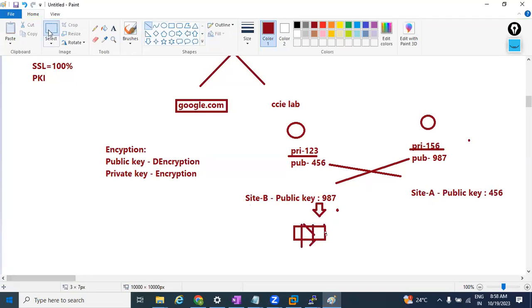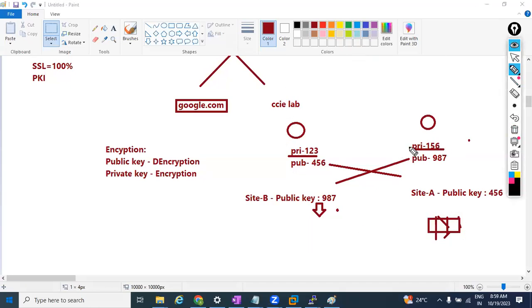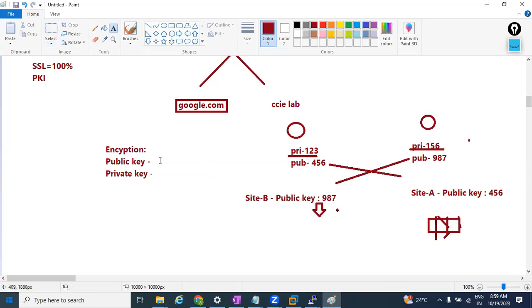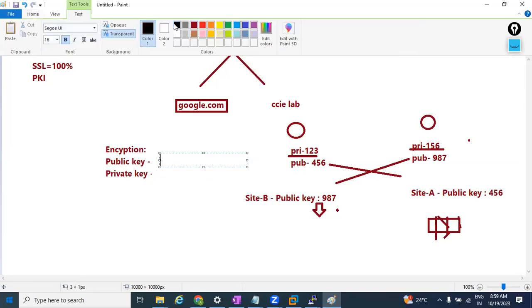The encrypted data would be shared with site B, and it would now decrypt with the help of its private key. So decryption was happening with the private key. This is a decryption here, and this was the private key. Yeah, I have mentioned this. Okay, so here now, encryption would be with what?